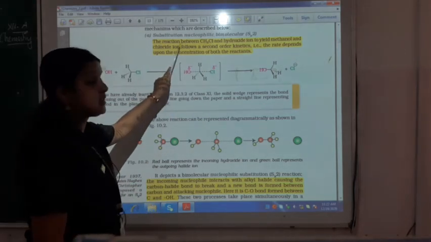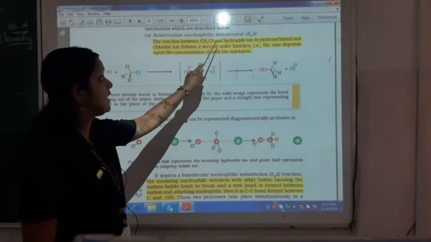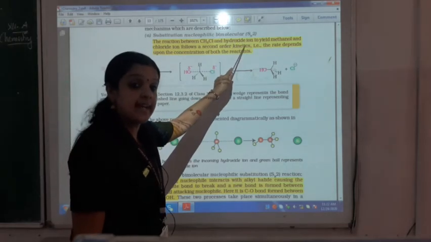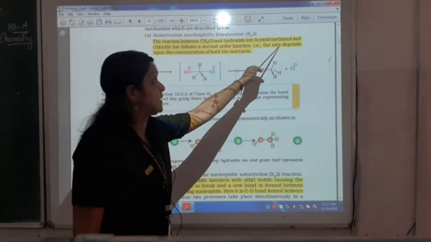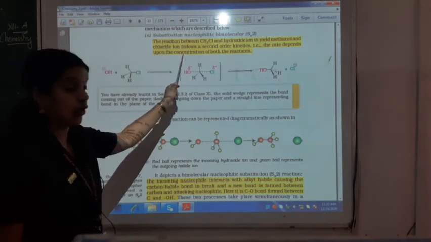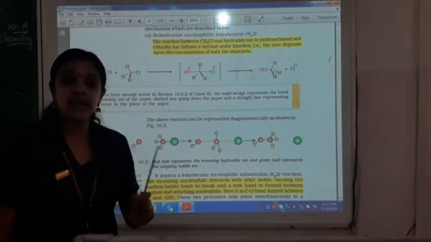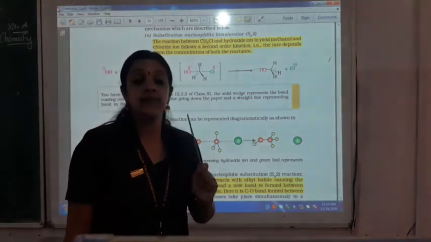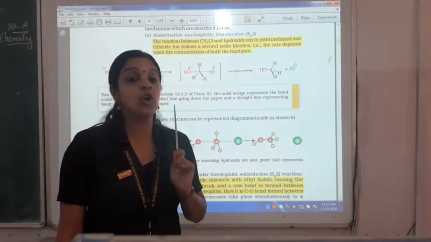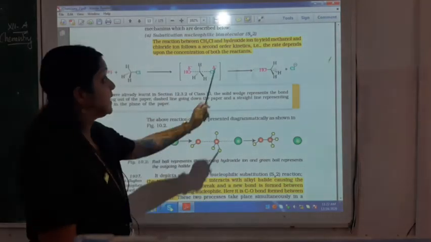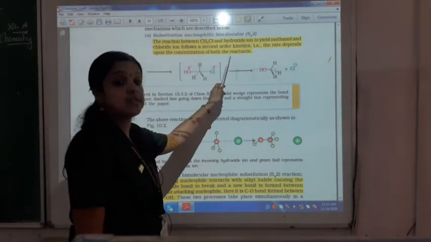The reaction between alkyl halide, CH3Cl, and hydroxide ion, OH minus, yields methanol and chloride ion. It follows second order kinetics. In chemical kinetics, we have learnt that if the order is 2 or the molecularity is 2, it depends on both the reactants. So the rate depends upon the concentration of both the reactants.